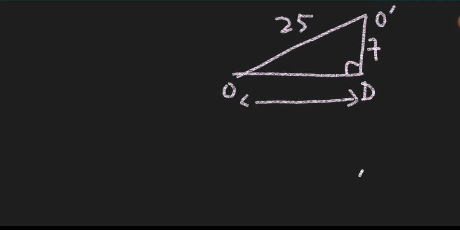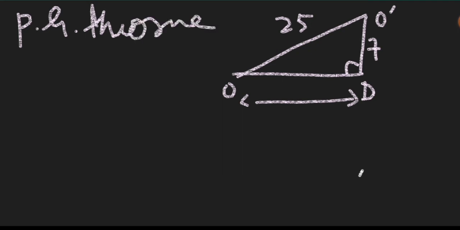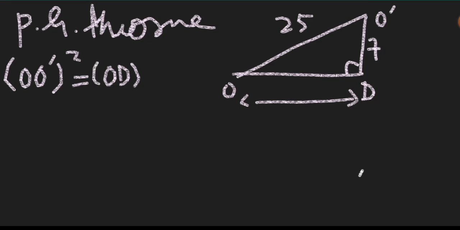Here we will use the Pythagoras theorem, which states that square of hypotenuse, that is O dash O whole square, is equal to OD whole square plus DO dash whole square.